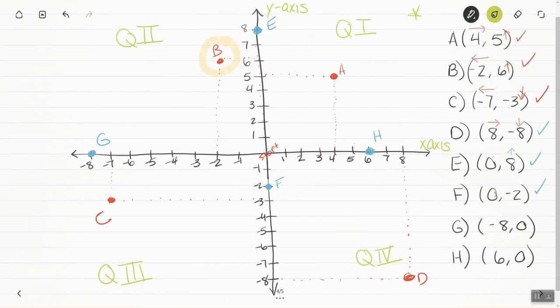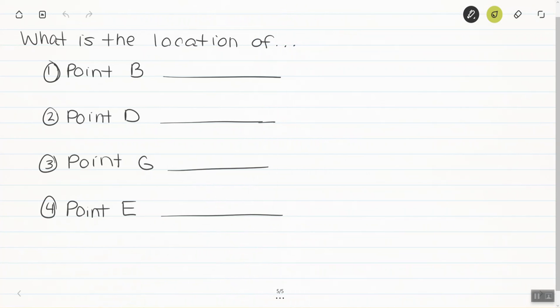So when we're talking about the location, point B is in quadrant 2. So we can just put a capital Q and the Roman numeral 2.